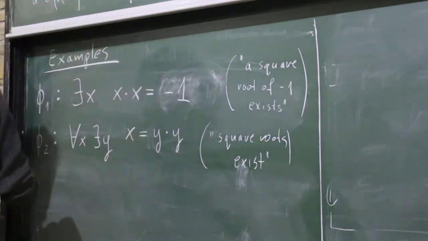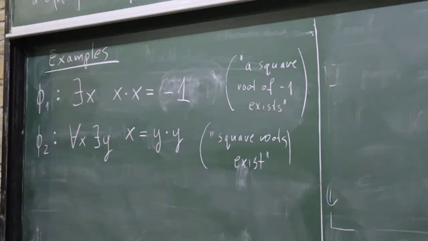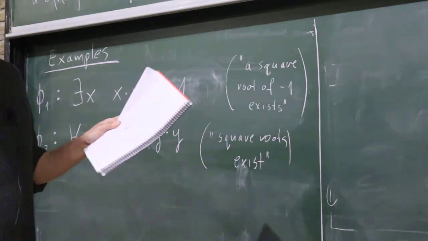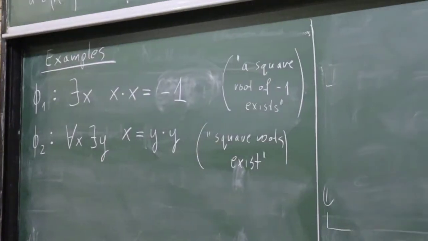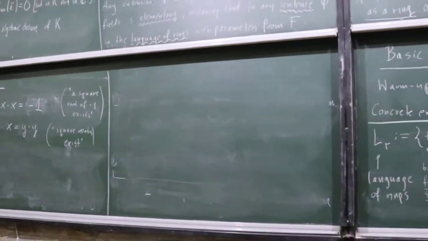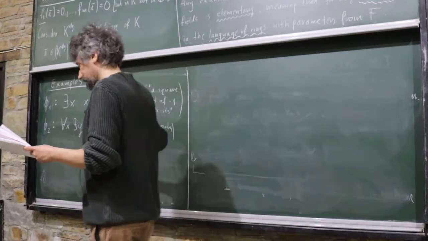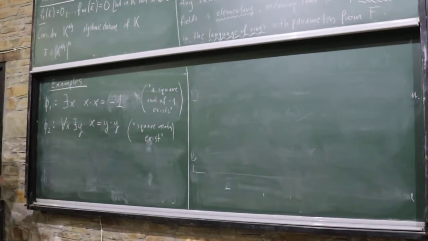Okay, so far it doesn't have any meaning. It's again a string of symbols, which I'm saying is composed in a meaningful way. But we are guessing what will be the meaning later. So this is what I'm writing in brackets.